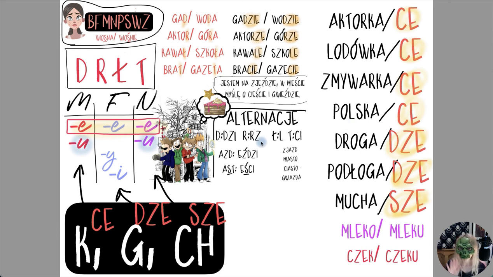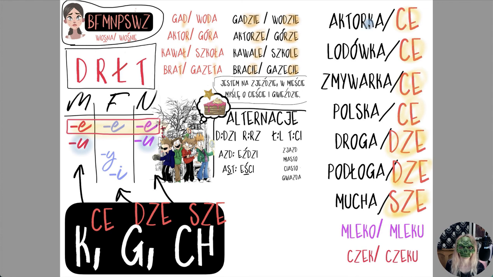So once again, to clarify, today's lesson was on locative endings for feminine nouns that end with k, g, or h. They will have an alternative ending. After taking the A letter, we will have the alternation because of these consonants that we see here.